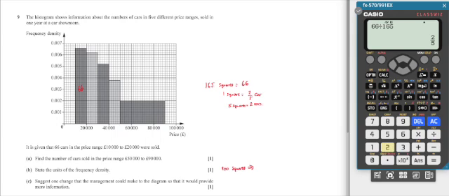So 200 divided by 5 times 2 is 80 cars. So there are 80 cars. Let's just move the working out to a more appropriate place.